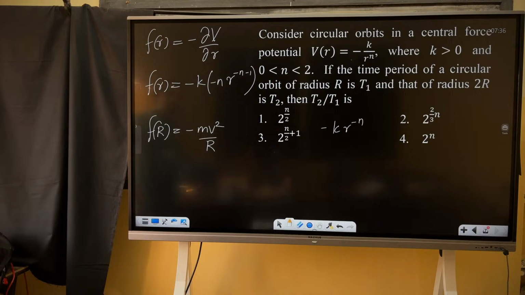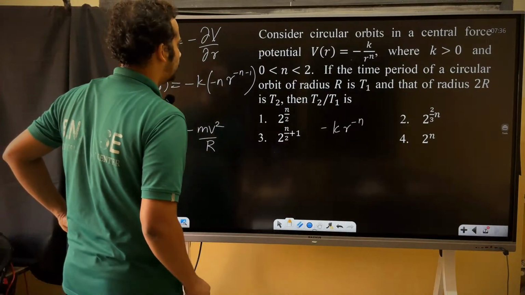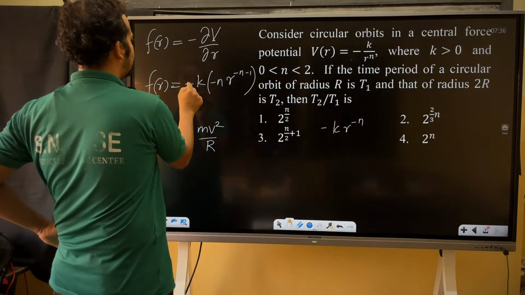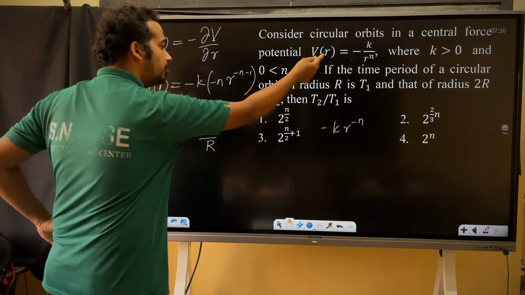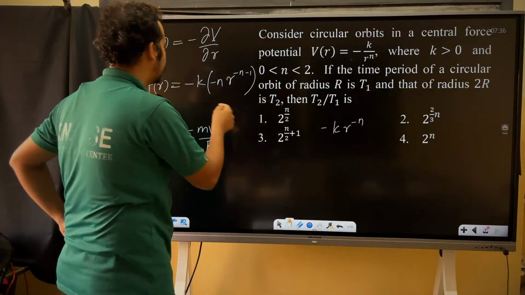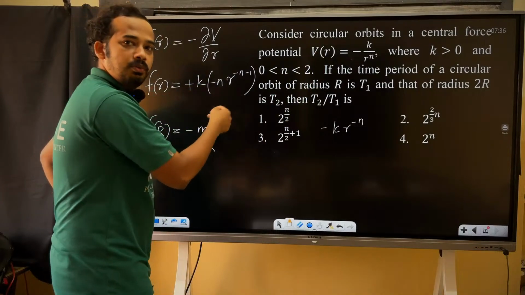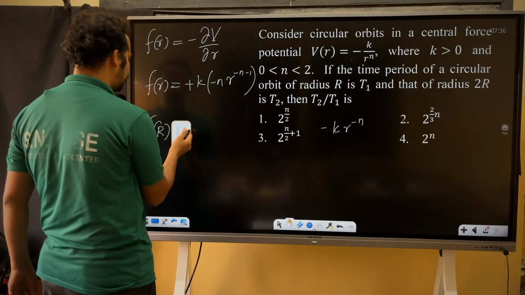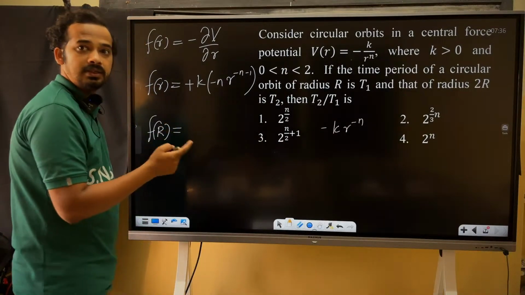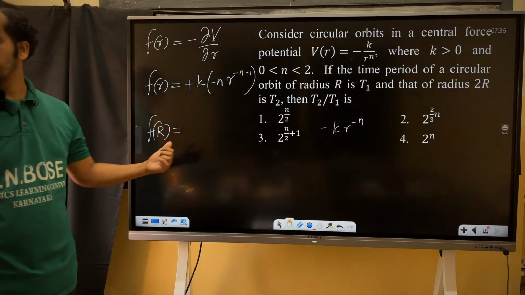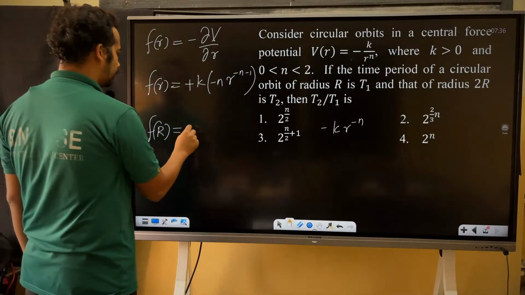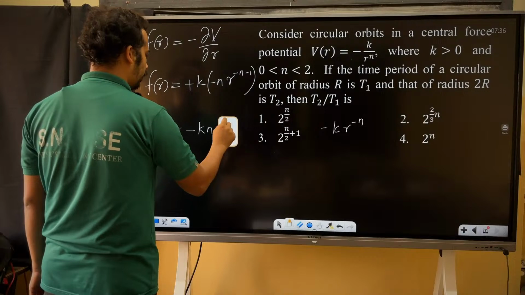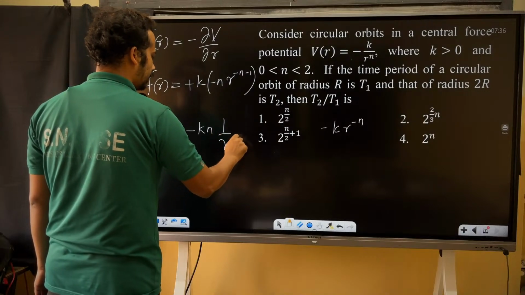Only one minus sign will complete the second step. Minus dou v by dou r: this minus sign I carried out. One more minus sign is there in the potential, and one more because of the derivative. That physical aspect I was keeping in mind: it should be attractive. When the force was positive, I was a bit worried. So that's equal to minus kn into 1 by r power n plus 1.